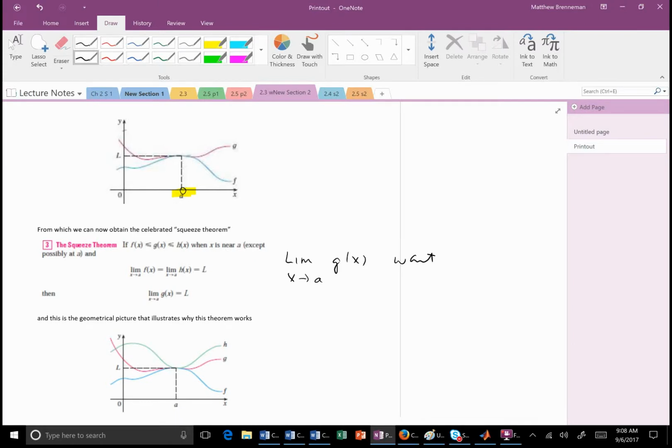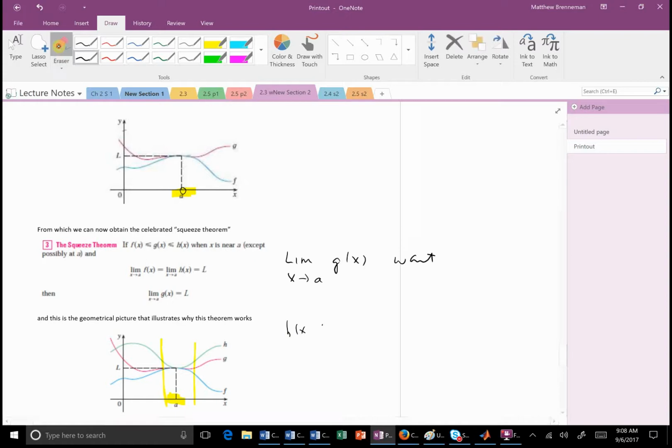And if I know this is true in some little interval, notice it doesn't have to be true everywhere, but there has to be some little interval around a. So something like this. In this little interval right here, you can see this is always true. It's true that, well, we're used to drawing inequalities the other way.